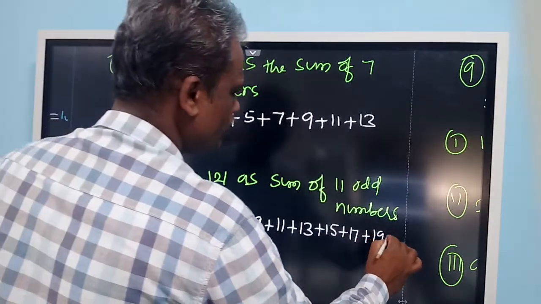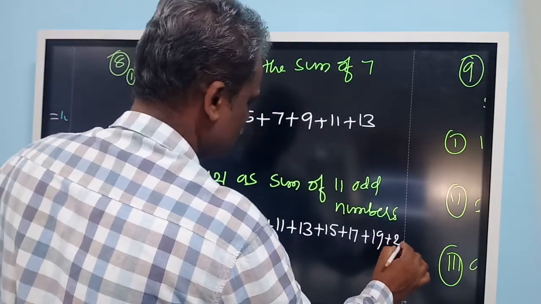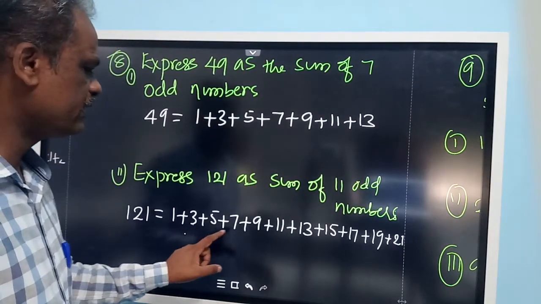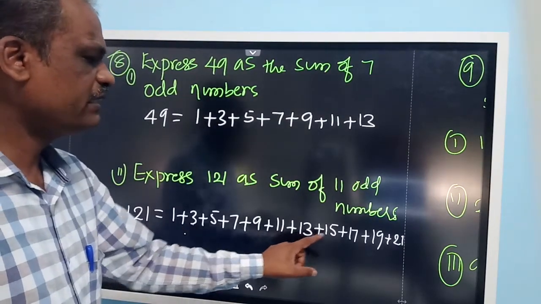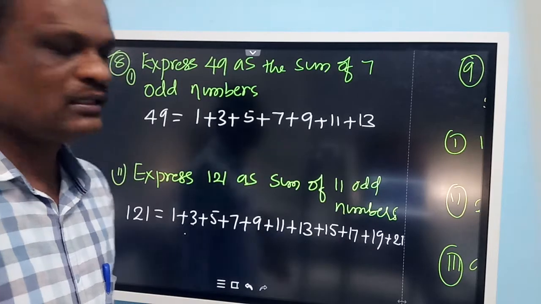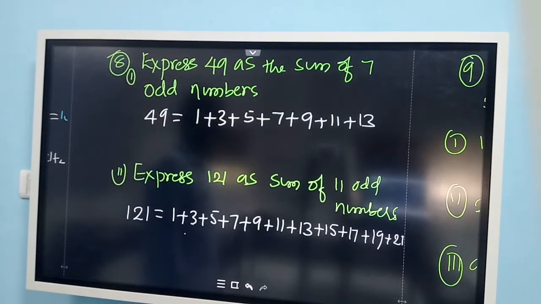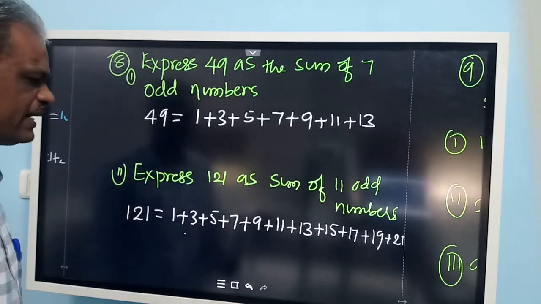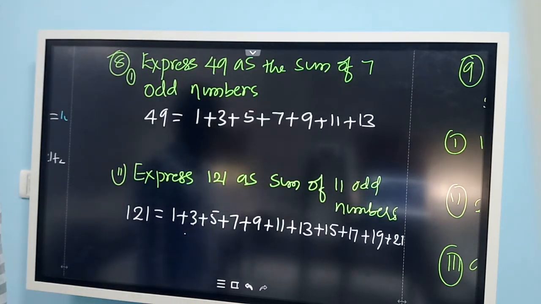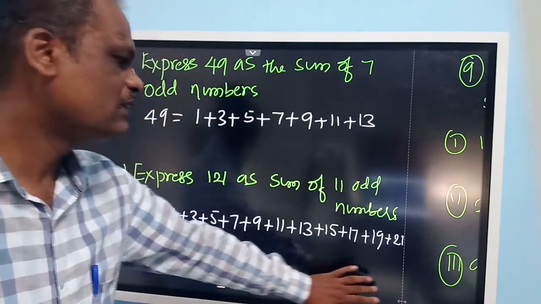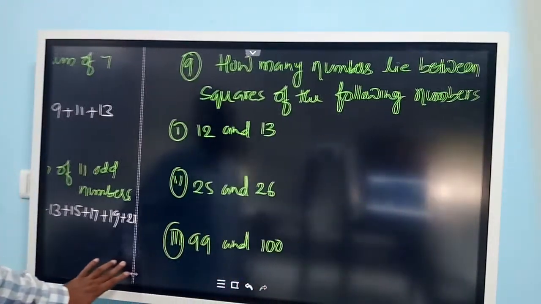One more, plus 21. So look at this: 1, 2, 3, 4, 5, 6, 7, 8, 9, 10, 11. So it is nothing but 11 square. 11 square is nothing but 121. So we expressed 121 as the sum of first 11 odd numbers. This is also based on the property of square numbers.